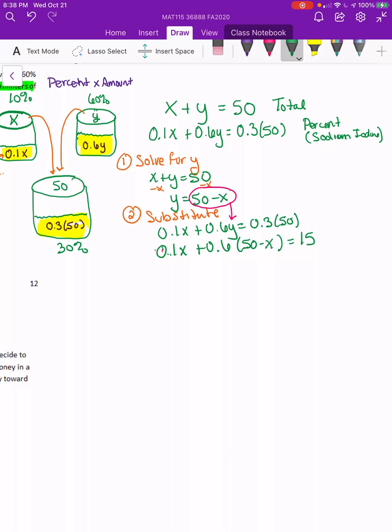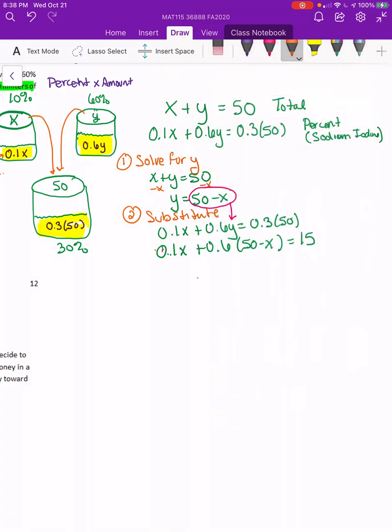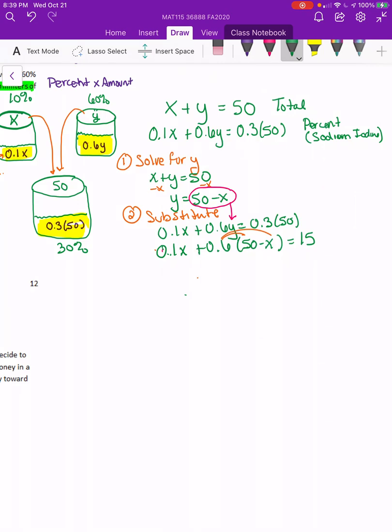Now remember, when we solve these equations, don't start adding or subtracting to both sides until you simplify them. So we need to first distribute and get rid of any parentheses and combine like terms. So we'll have 0.1x plus, if you take 0.6 times 50, you're going to get 30.